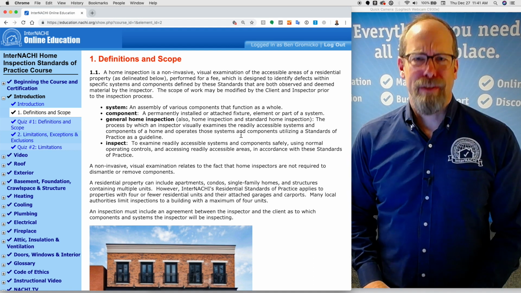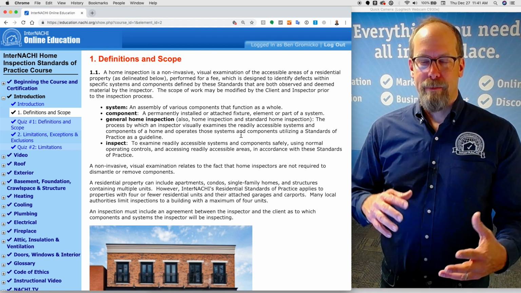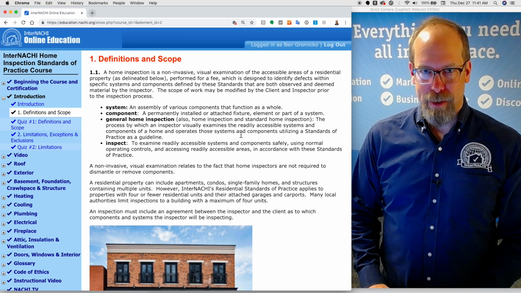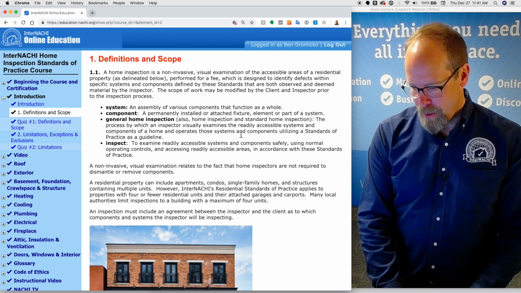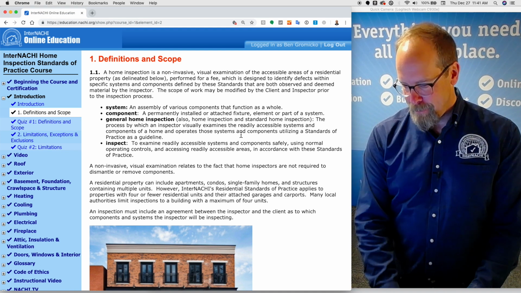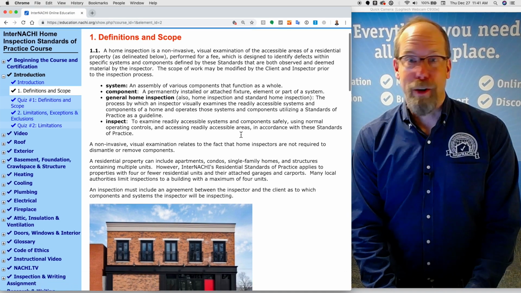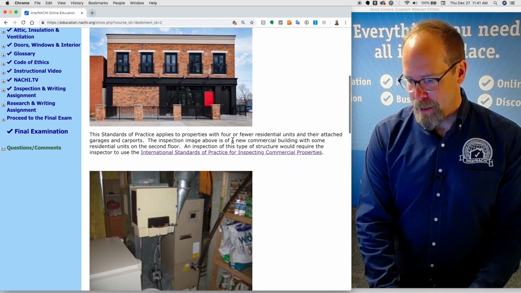You now have to use a different standards of practice. So if there are 4 or fewer, you can use the home inspection standards of practice, the residential standards of practice for residential buildings. An inspection must include an agreement between the inspector and the client about what you're going to inspect, what systems and components will be inspected.